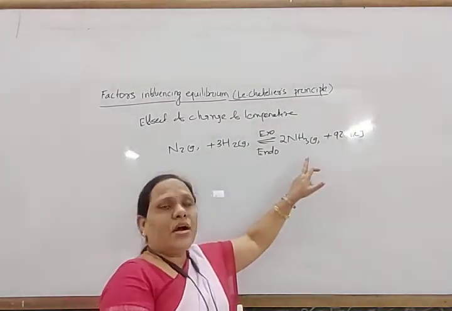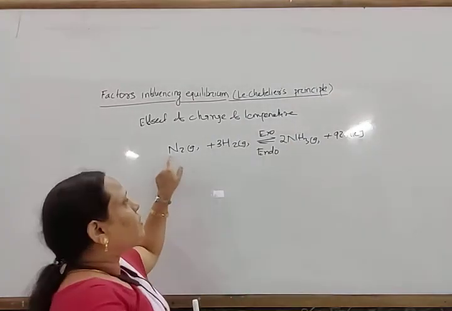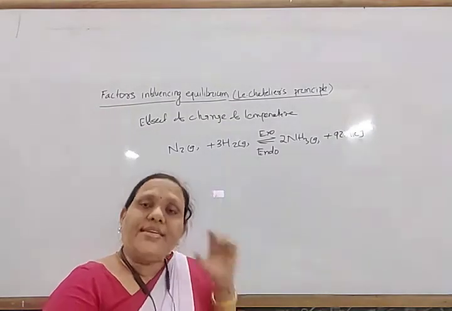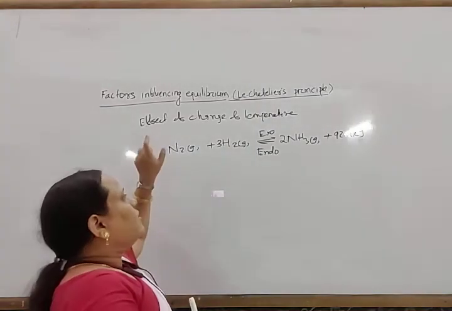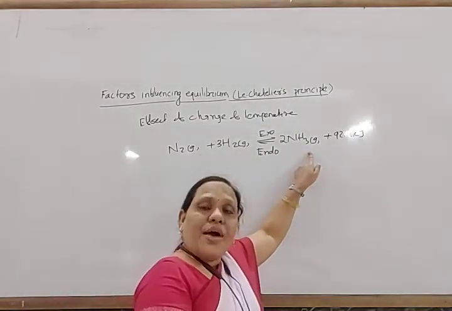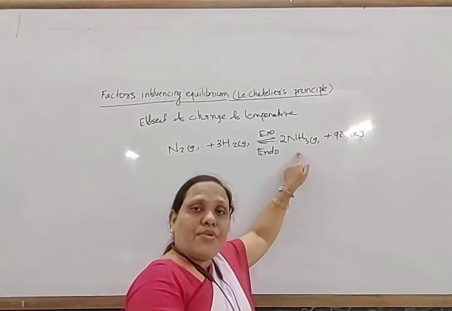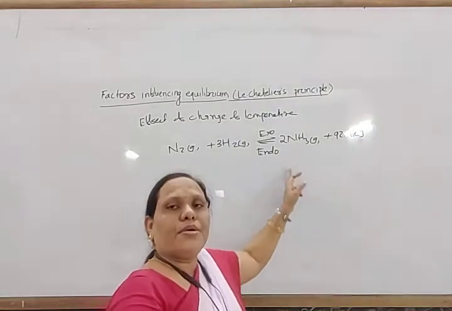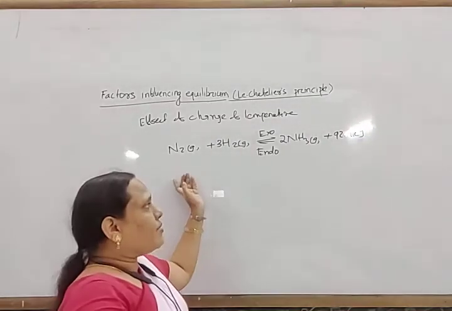Dissociation of ammonia takes place so that more nitrogen and hydrogen gas will be produced. And if we decrease the temperature, nitrogen and hydrogen react and more ammonia will be formed. So the equilibrium shifts forward for more ammonia if we decrease the temperature.